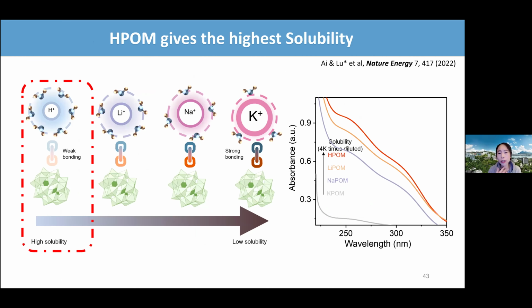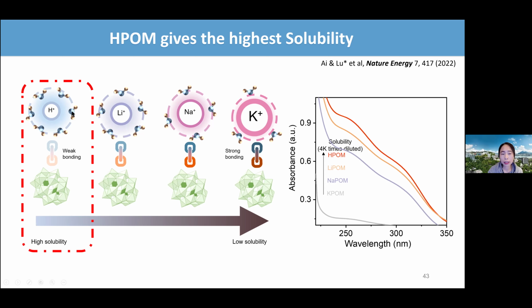And then we also look into the differences between different cations in the concentration of POM, right? Because we need to maximize the POM concentration. So the proton form will have a much higher concentration compared to other cations: lithium, sodium, potassium.